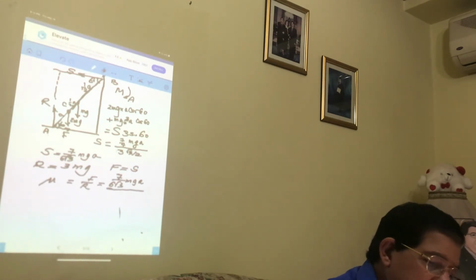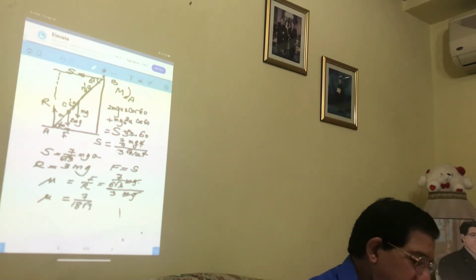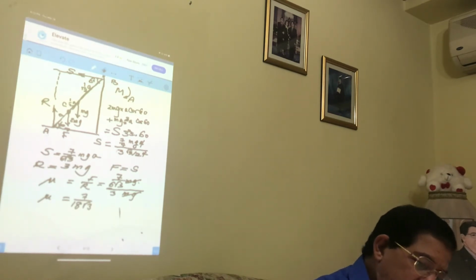By the way, this distance is 3A sine 60, so there is no A in S. Therefore mu equals F over R, with F equal to S and R equal to 3mg. The mg cancels, and we get the value of mu equal to 7 over 18 root 3, which is 0.225.